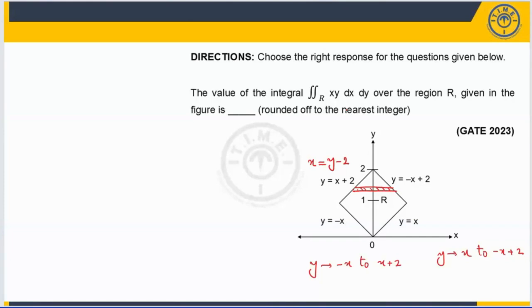And here, what is the value of x? Minus y plus 2. So if I'm taking the horizontal strip above, x is varying from y minus 2 to negative y plus 2. Clear?